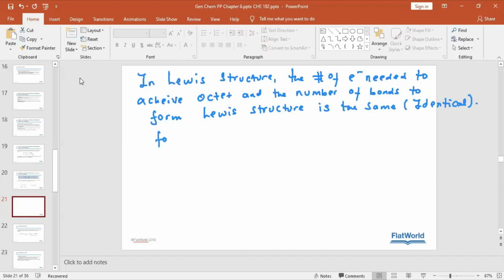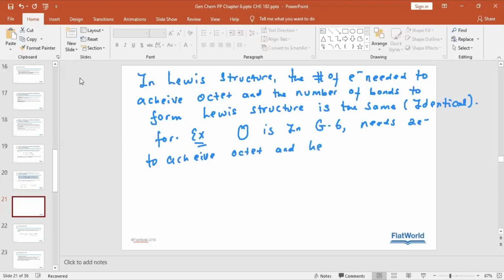For example, oxygen is in group 6, so it needs 2 electrons to achieve octet, and hence it forms 2 bonds.